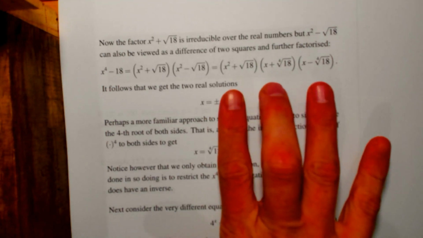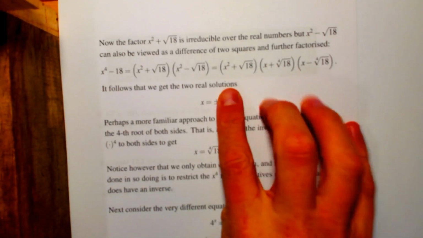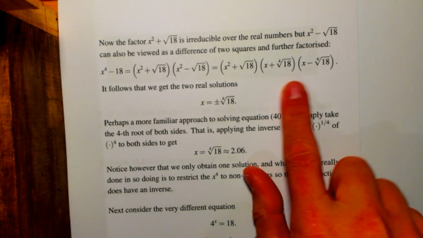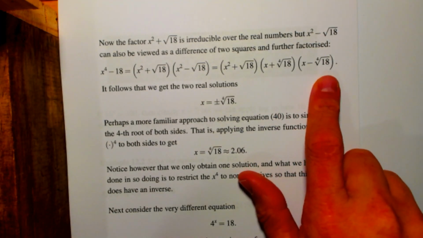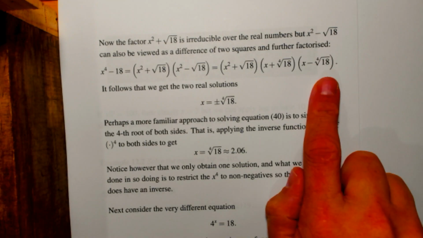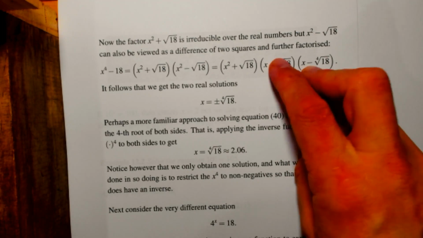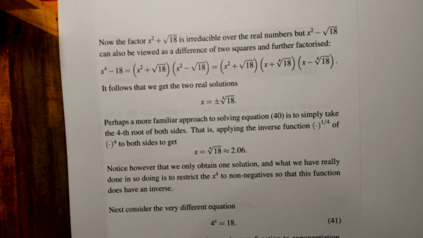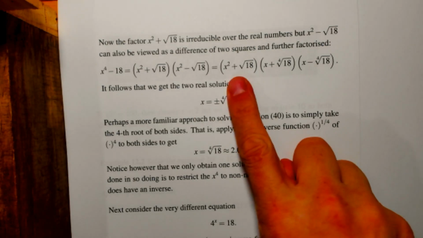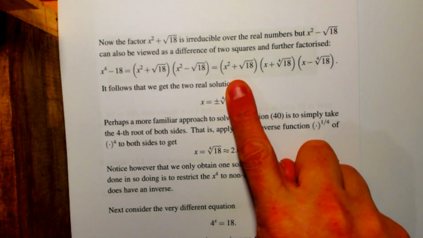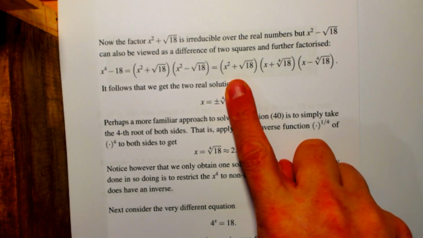So our complete real factorization is x squared plus root 18 times x plus the fourth root of 18 times x minus the fourth root of 18. So we get 2 real solutions from these two. So plus or minus the fourth root of 18, which is approximately 2.06. But there are 4 complex roots because you can factor this into the product of 2 linear complex factors.